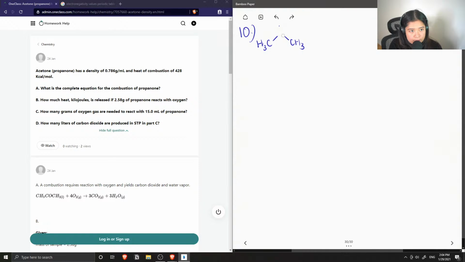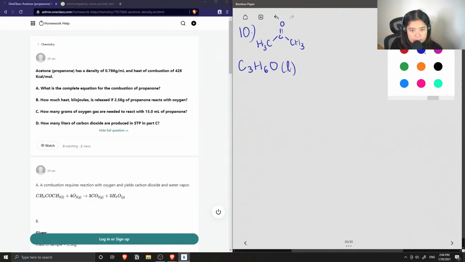I'll just draw it like this. That contains a ketone group in the middle. And it is known as C3H6O. So I'll just label this as propanone.